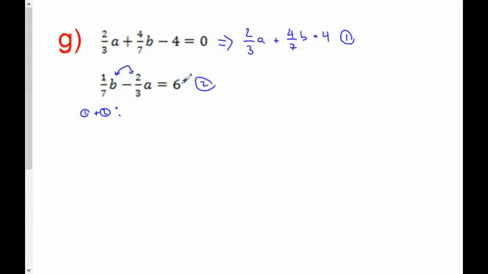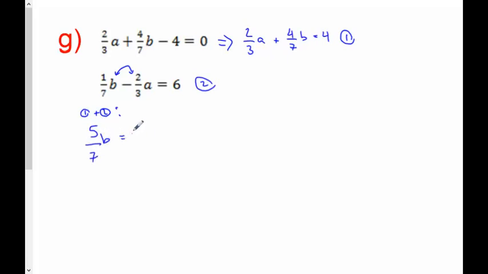Okay, so to add these two together, once I add those, the a's will be eliminated, right? 2 over 3a plus negative 2 over 3a will be eliminated. Then I have my b's, 4 over 7b plus 1 over 7b. That's a super easy fraction to add. That's just going to be 5 over 7b.